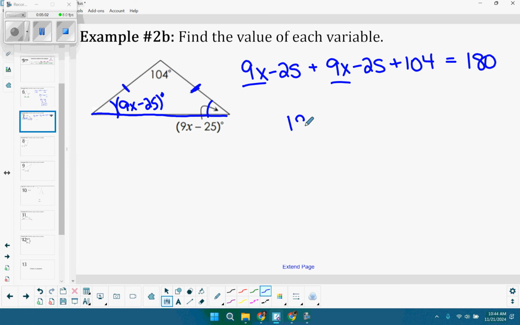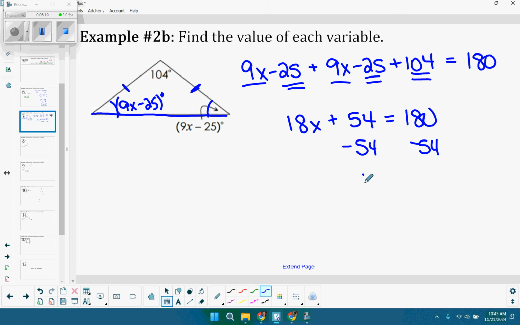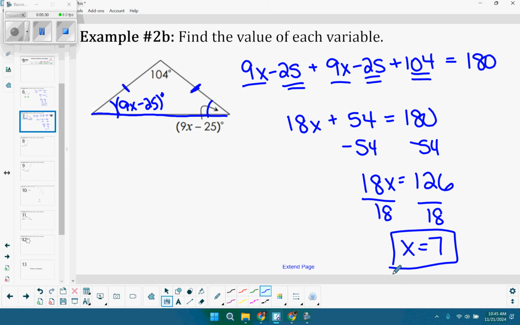So that's going to be 18x minus 50 plus 104 is plus 54 equals 180. So if I take away the 54 from 180, I get 18x equals 126, and dividing both sides by 18, x equals 7.